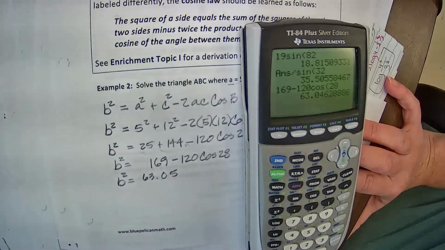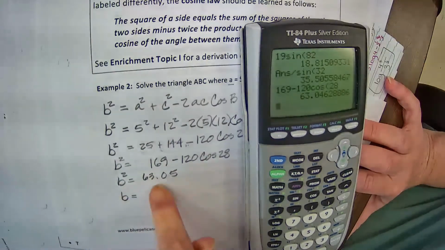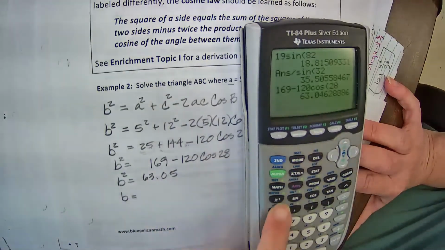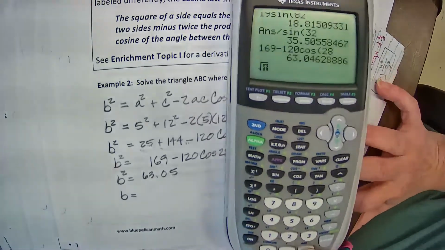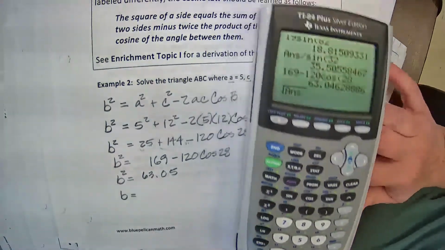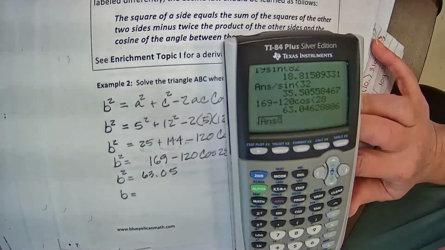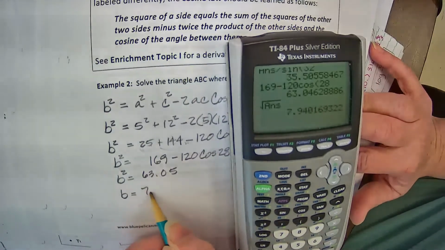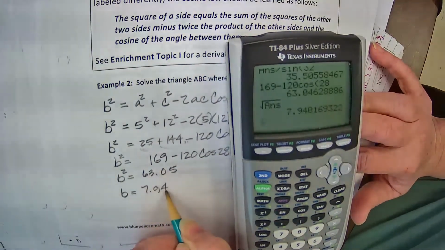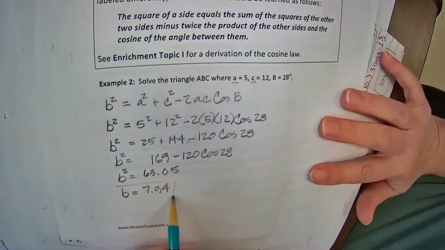Take the square root, right? It's a special kind of dividing. So you take this answer, you do second, square root, second, and remember you can hit answer down here with the negative, and it automatically drops all the decimals in, and you hit enter, and so we get 7.94.